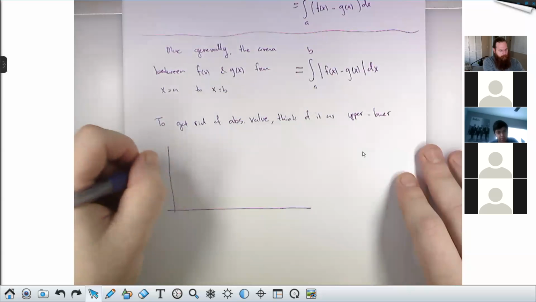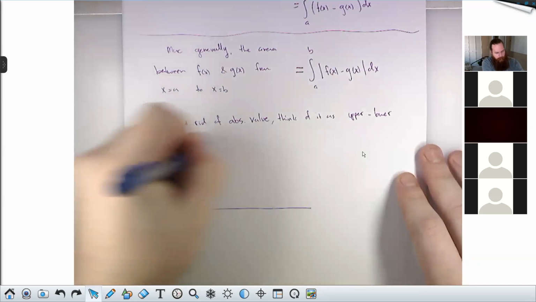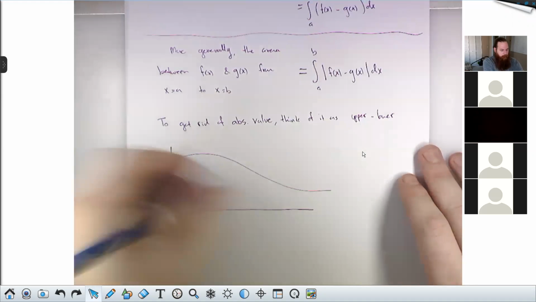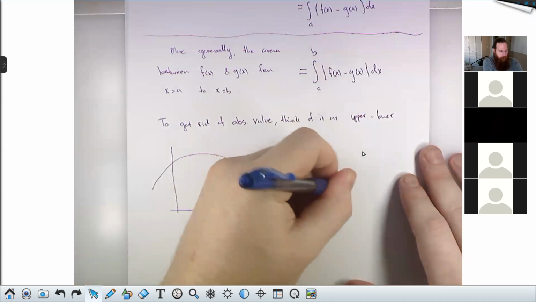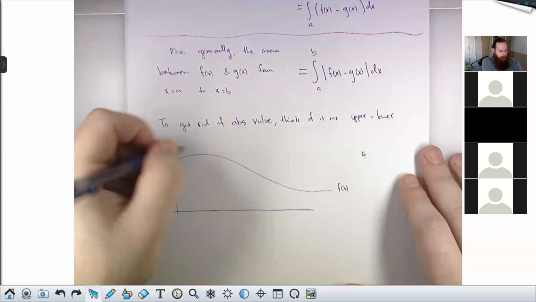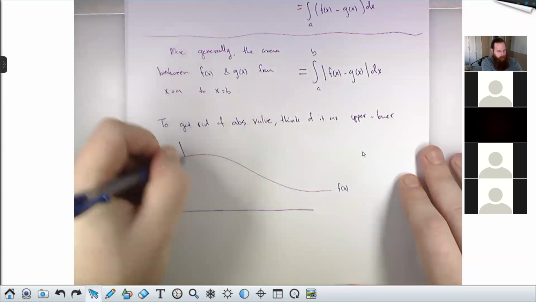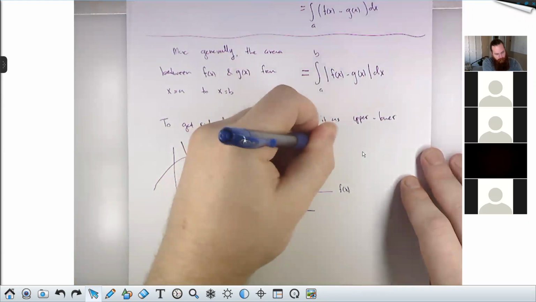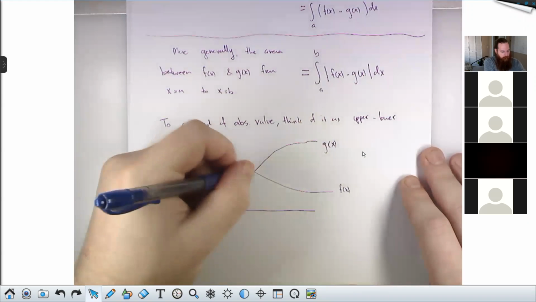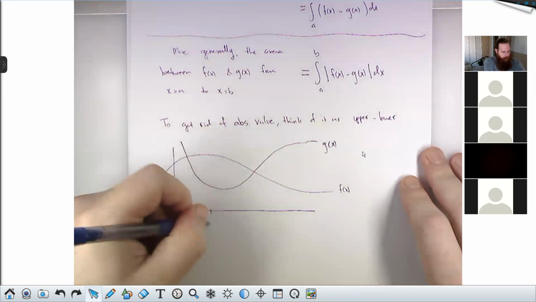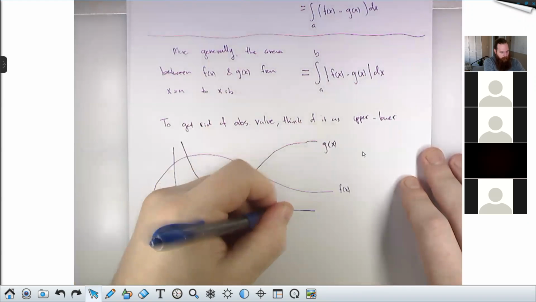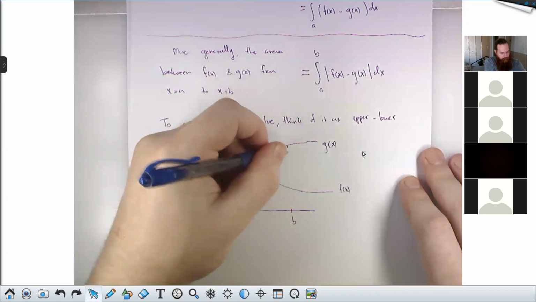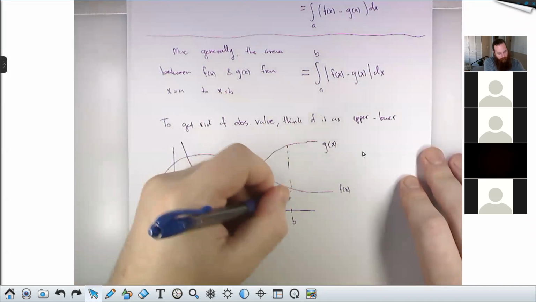In practical terms, the way we handle this is like this. Maybe here's my function f, and maybe here's my function g. And you see they trade places here. So maybe I say, here's A, here's B, and I want to find the area in between them.